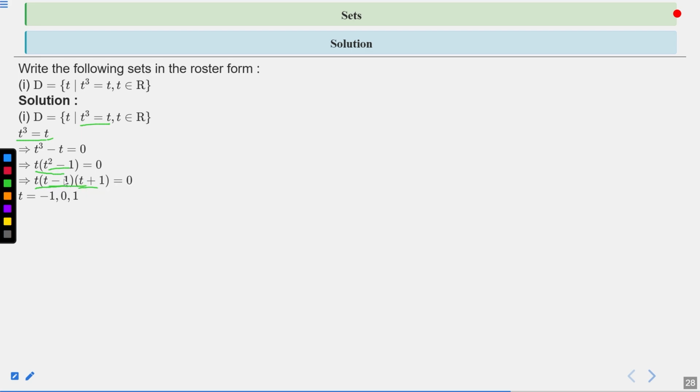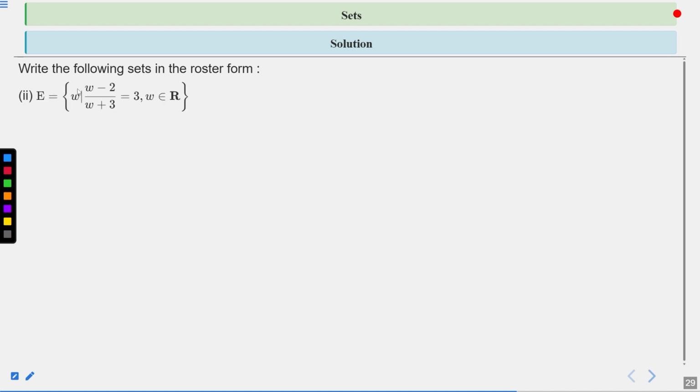From here we can easily say that there are three values of t for which the cubic equation is satisfied: minus 1, 0, 1. Therefore, the roster form is {minus 1, 0, 1}, a list of all elements separated by commas and closed within braces. Clear? Moving on to the next part.